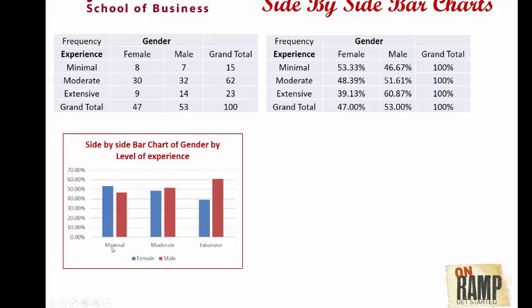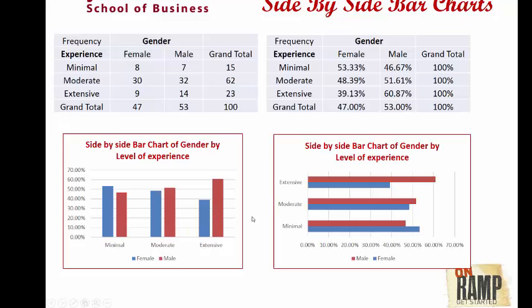For those with minimum, the female are at 53 and the male are at 46. But we see for moderate and extensive, male students declare to have more computer experience. And I can see it here for minimal, moderate, and extensive.